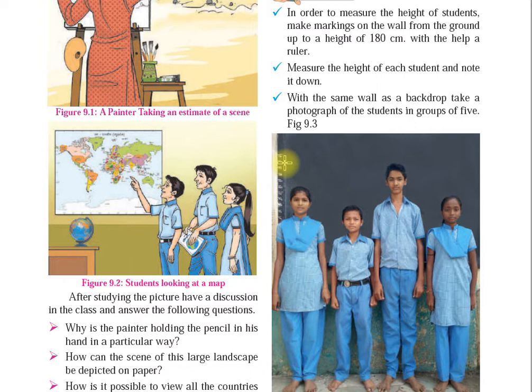Measure the height of each student and note it down. So we have to measure the height of every student. With the same wall as a backdrop, take a photograph of the students in groups of 5. After taking the measurement, take the photograph of the students. So the measurements will be different from what is there in the photo.